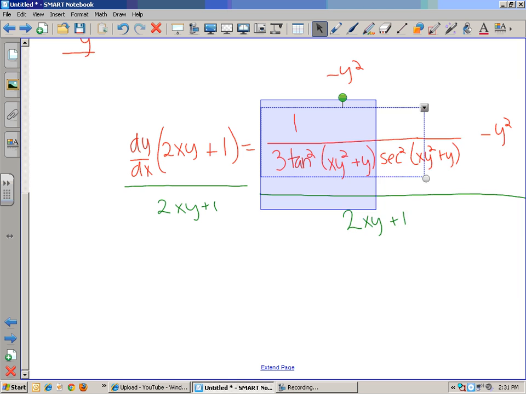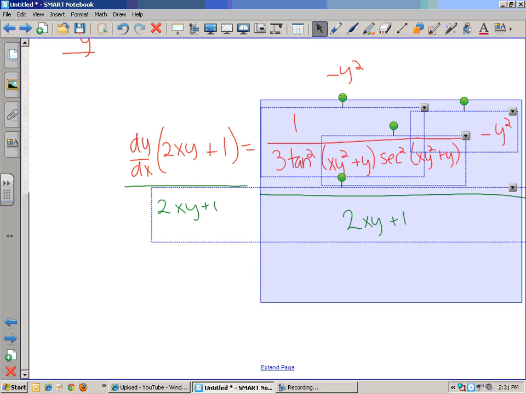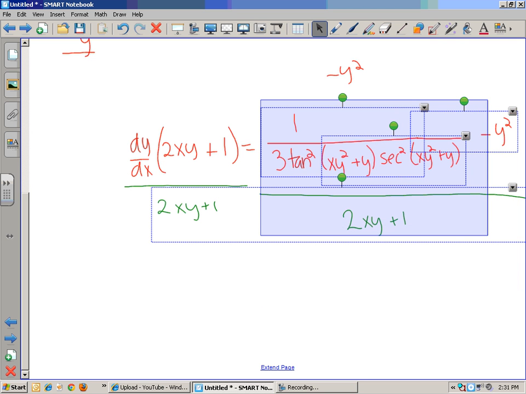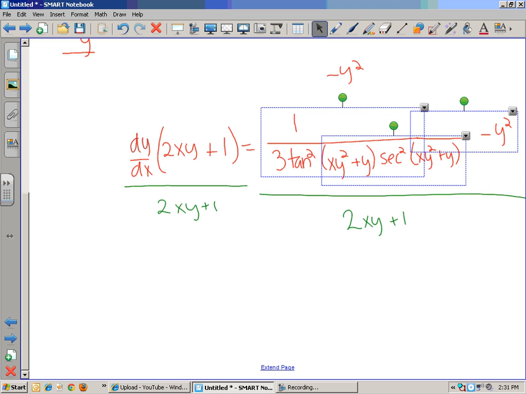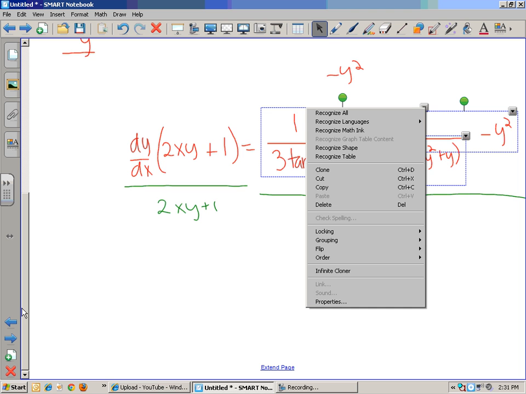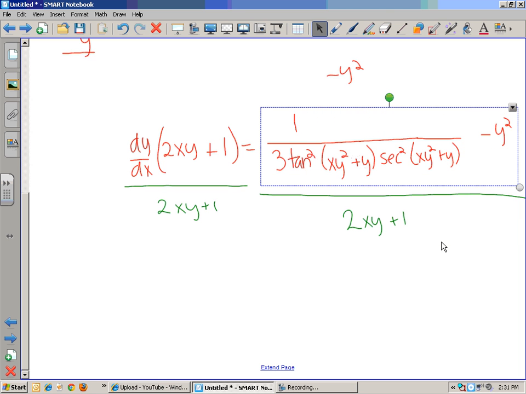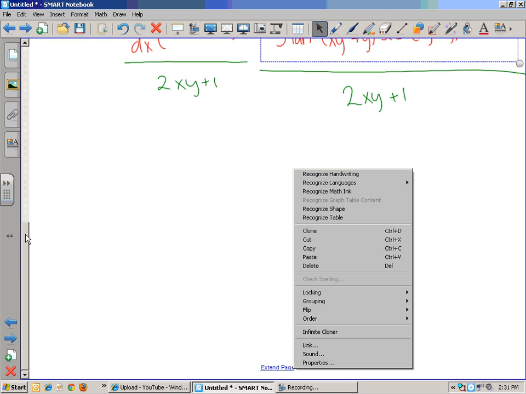And I'm going to go ahead and take these pieces right here. No, it's not going to let me. Let's see if it'll let me group those. And then I want to copy that. Let's see if it'll let me do it without having to write the whole thing again.